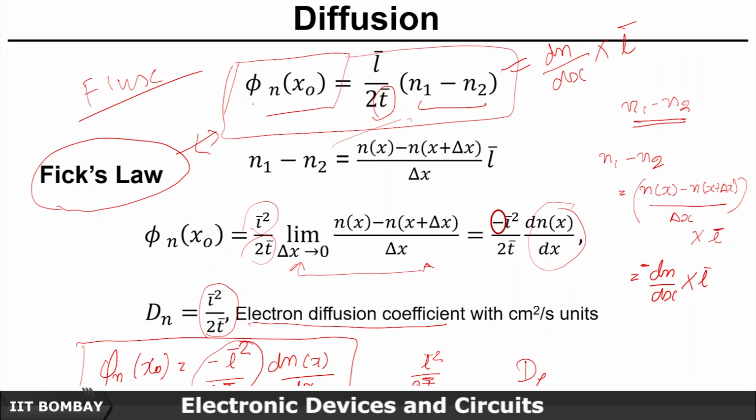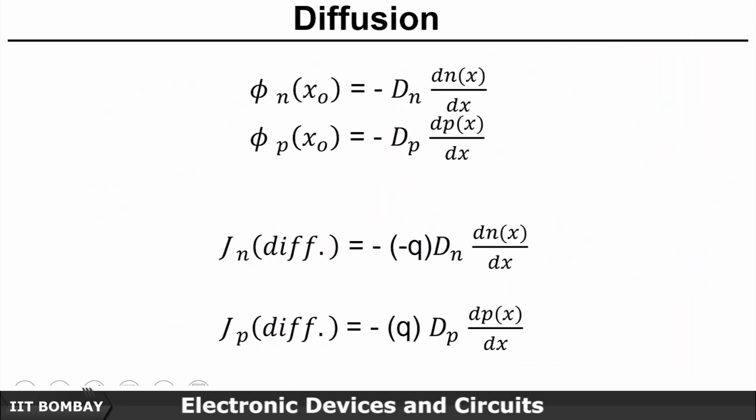Now we are fairly close to the diffusion current, because we know the flux of this charge carrier. We just need to multiply it by the charge. In the case of electrons we use minus q, and in the case of holes we use plus q.